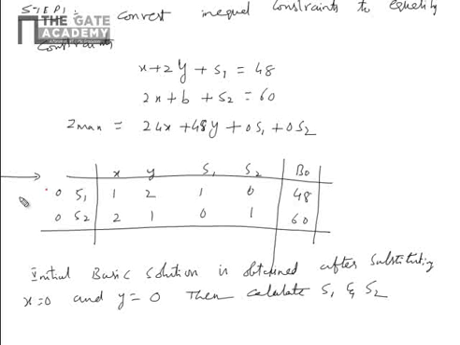So give this as a Cj row. Cj means coefficients. These are the coefficients of the objective function. These 0, 0 are the coefficients of the slack variables in the objective function. And Zj means nothing but the multiplication of the coefficient values.